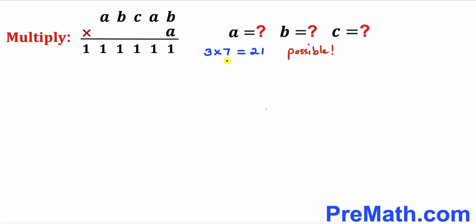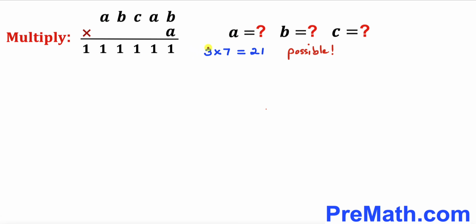Now let's assume that the A value is 7 and the B value is 3. If A is 7, then this A is 7 and this A is 7 as well. If we multiply 7 times 7, we get the number 1 here, so 7 is not a possible choice.